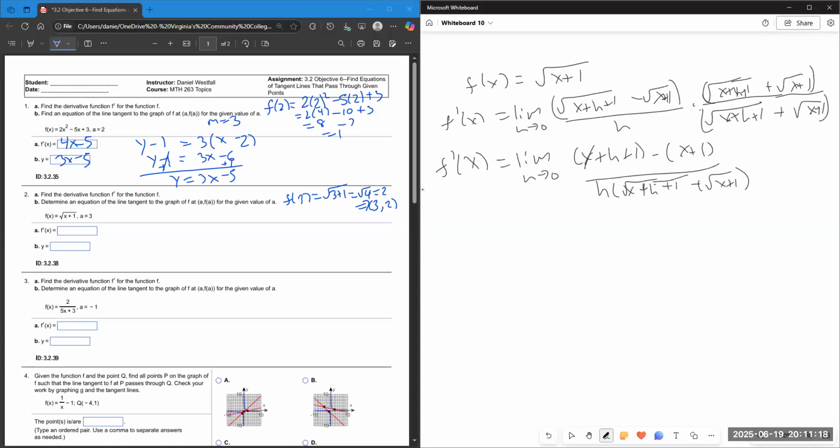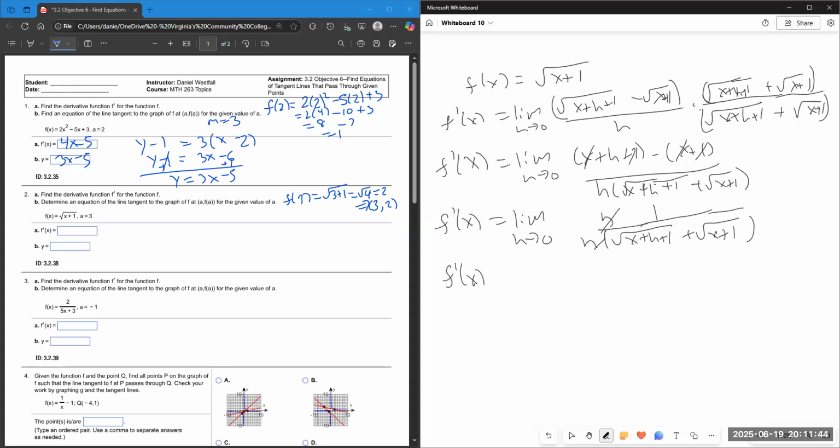That's going to give me x minus x is 0 and 1 minus 1 is 0. So f prime of x is limit as h goes to 0 of h over h times root x plus h plus 1 plus root x plus 1. H's cancel.